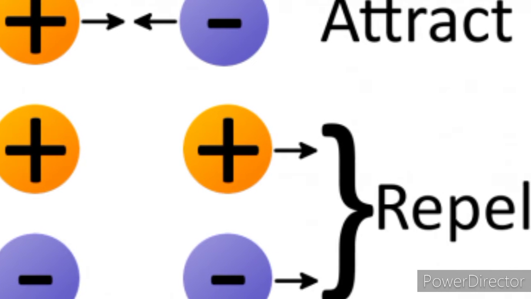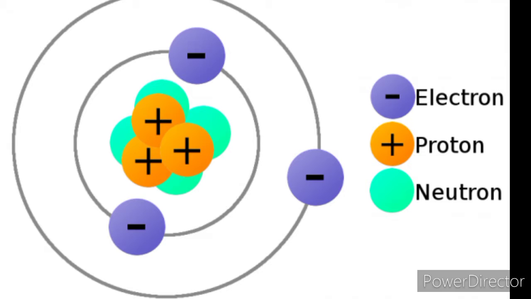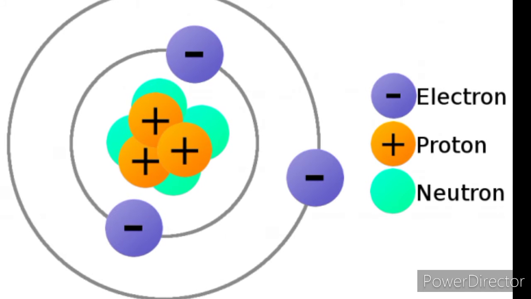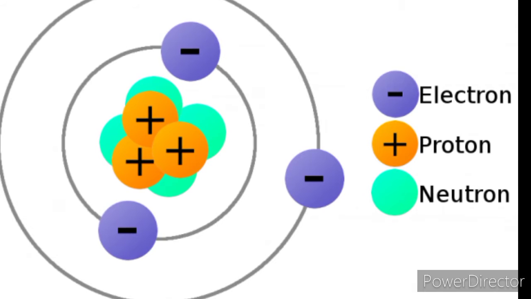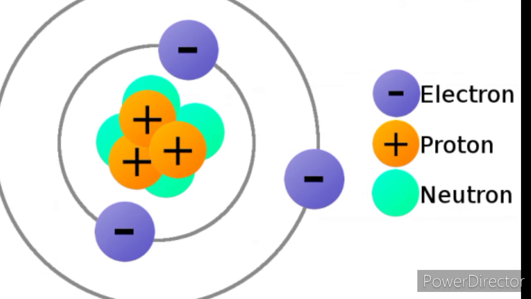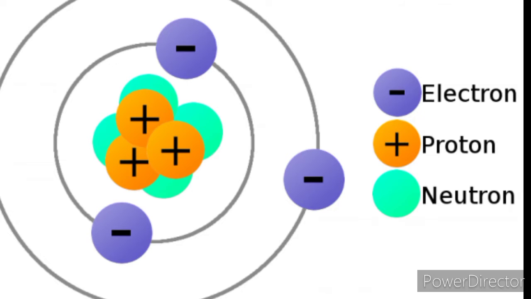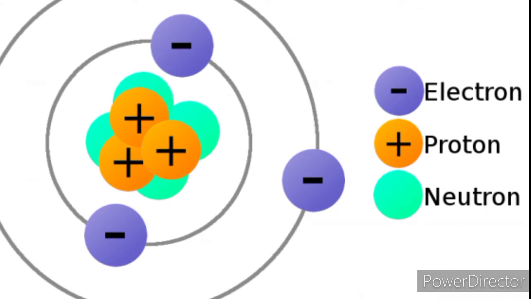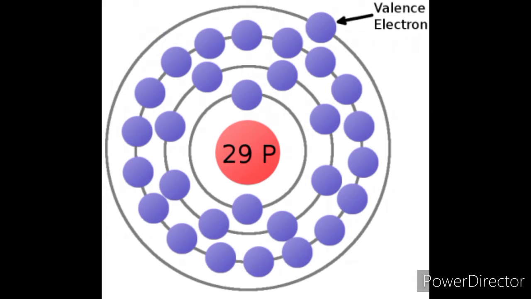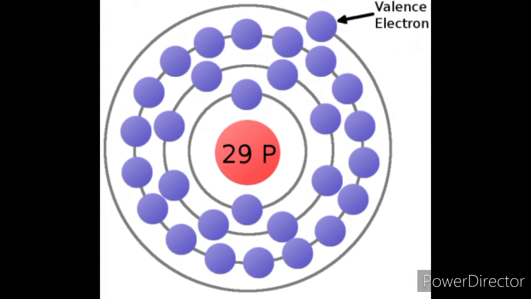Now, when two atoms are coming together, if one of the atoms has enough electrons and the other one does not have enough electrons, some of the electrons will move from the atom that has enough electrons to the one that does not have what? Enough electrons.